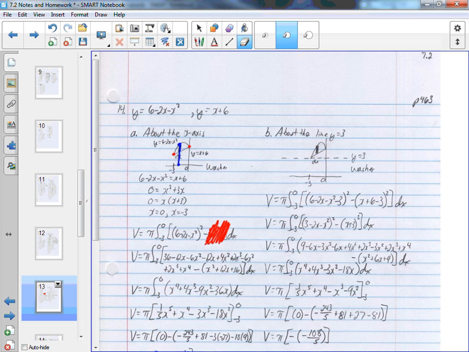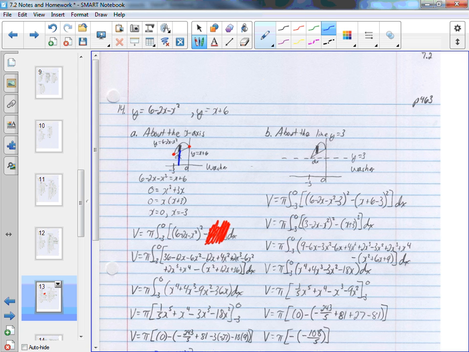Minus. Now, the inner radius. So let me erase that blue line and make a new one. The inner radius goes from the axis of revolution to the inner function, the inner edge of the rectangle. Well, again, it's whatever that y-coordinate is. It's a different y-coordinate this time, though, isn't it?